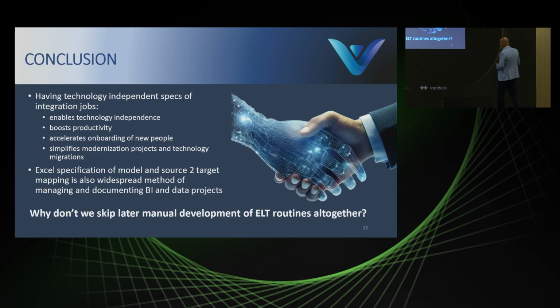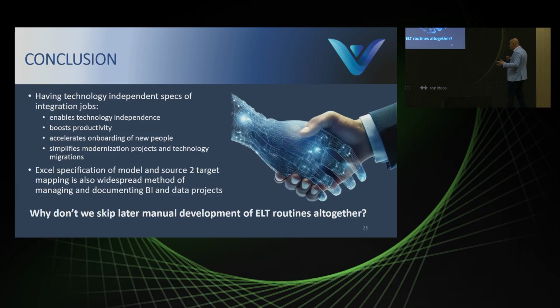So now to conclusion. As I said, benefits are productivity boost, saving, technology independence, accelerated onboarding. As I said, the Excel specification of data warehouses is still very popular. On every new project I start, they always start with some source to target Excel or something like this.